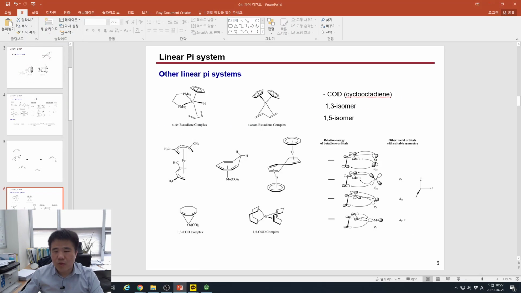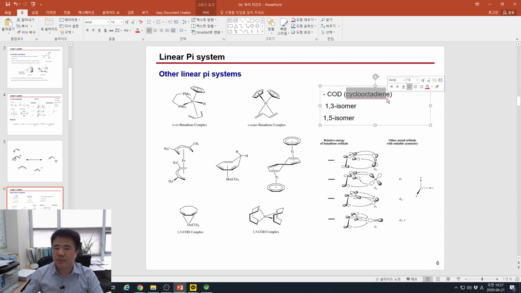So we usually say just COD, which means cyclooctadiene. Butadiene can also make coordination, but if you look at butadiene, both s-cis butadiene and s-trans butadiene can make coordination.